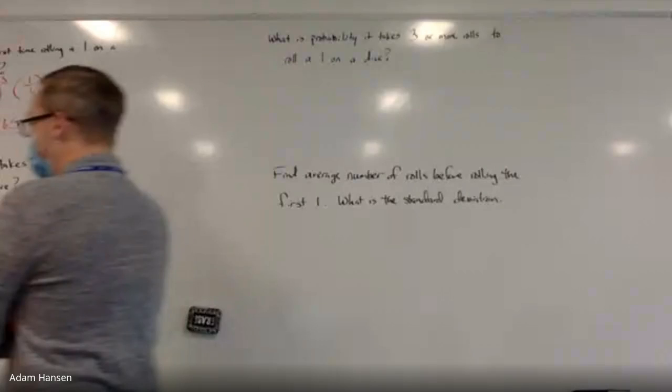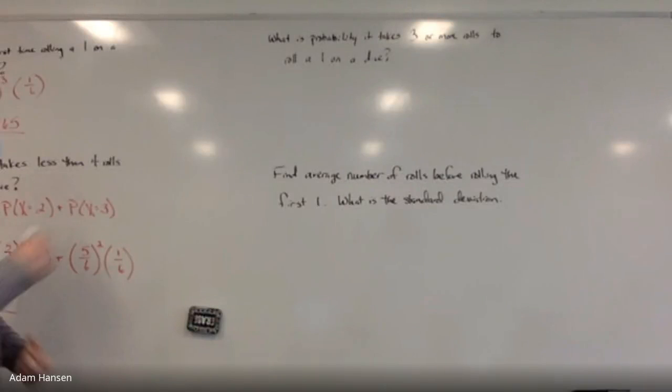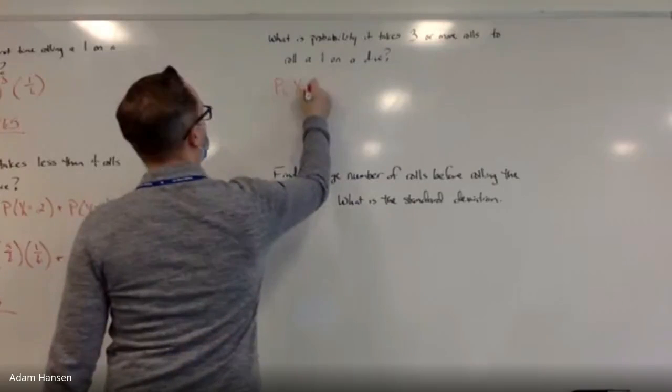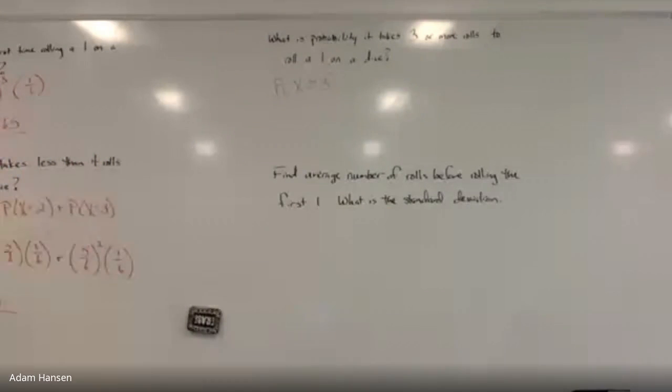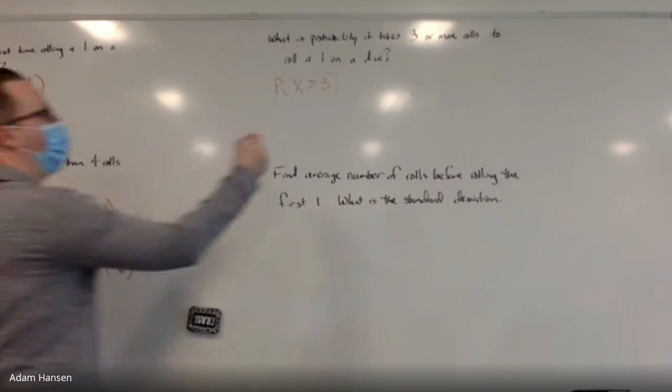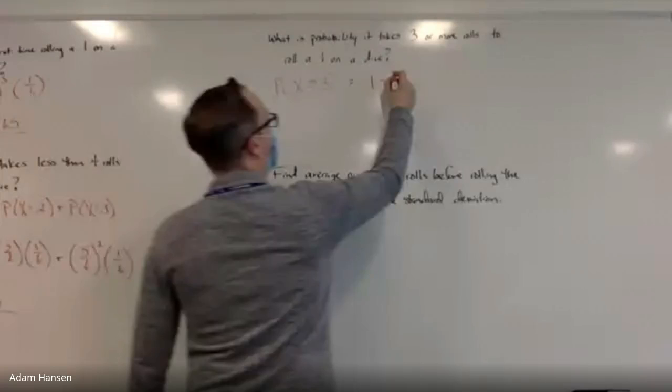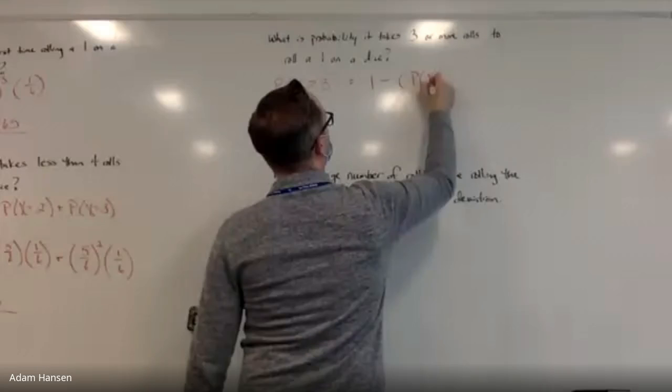1 or 2. So let's think about this using complementary events. Let's think about this working backwards. The probability of getting the first 1 on the third or higher roll is 1 minus the 2 it can't be.